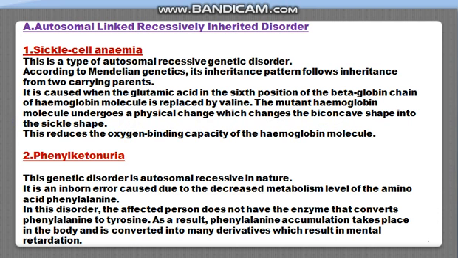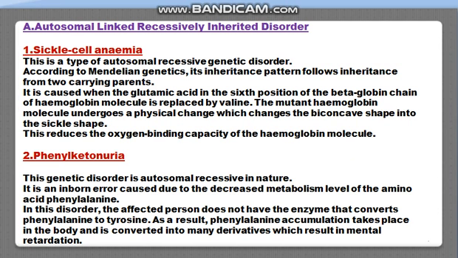So the shape of the RBCs is changed when this type of change occurs in the hemoglobin molecule, and this is known as sickle cell anemia, because the cells instead of biconcave shape become sickle shaped, and this reduces the oxygen binding capacity of the hemoglobin. So anemia is caused to such a person. So this is sickle cell anemia.